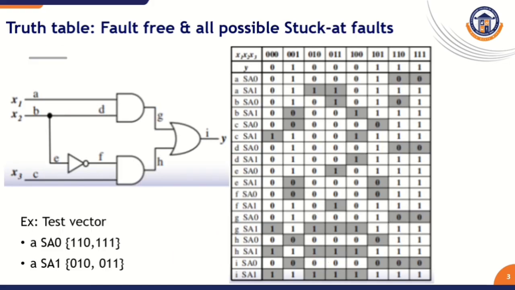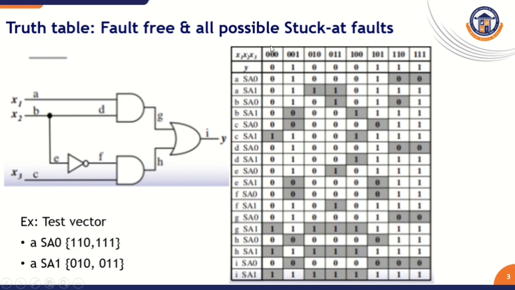From this, we are going to discuss the concept of stuck-at 0 and stuck-at 1 with an example. This table shows the fault-free response and the faulty response of each line affected by stuck-at 0 and stuck-at 1.